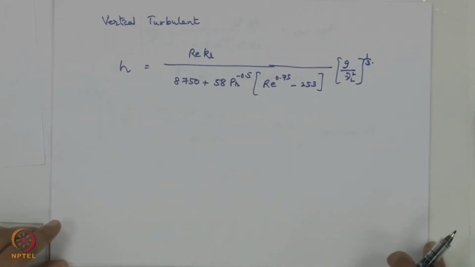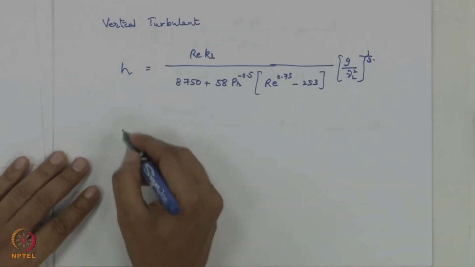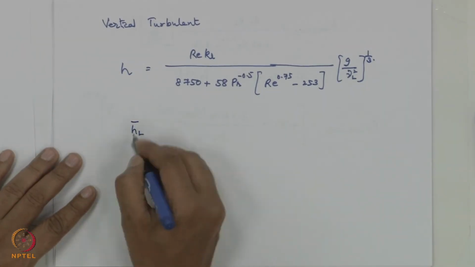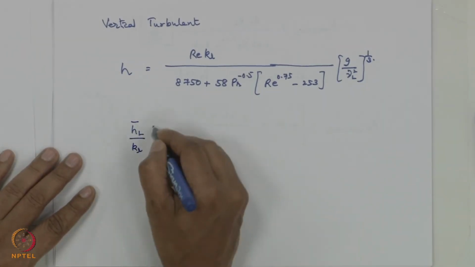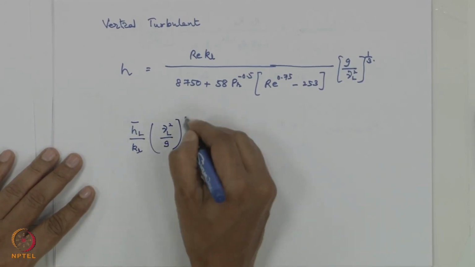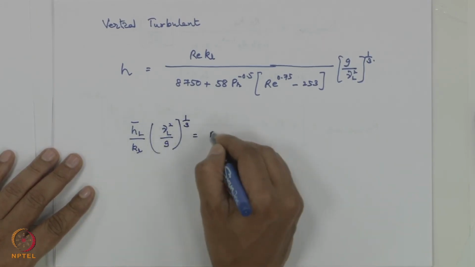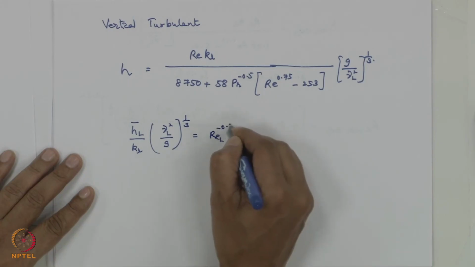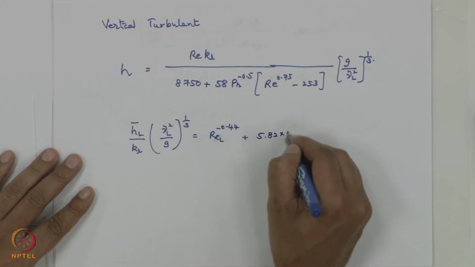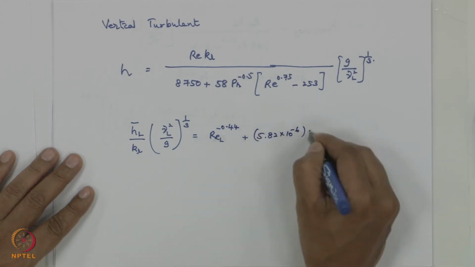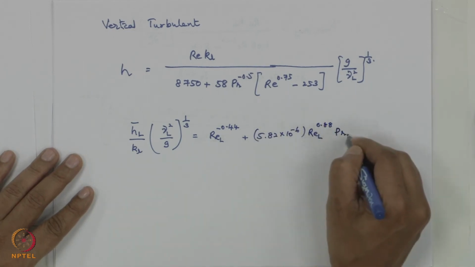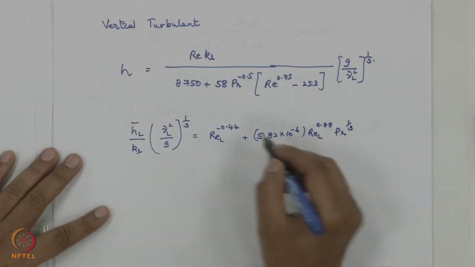So this is one, and to calculate the Reynolds number, h_L bar upon k_L into (nu_L squared by g) to the power of 1 by 3 equals [Re_L to the power of minus 0.44 plus 5.82 into 10 to the power of minus 6 into Re_L to the power of 0.88 Pr to the power of 1 by 3] whole to the power of half.